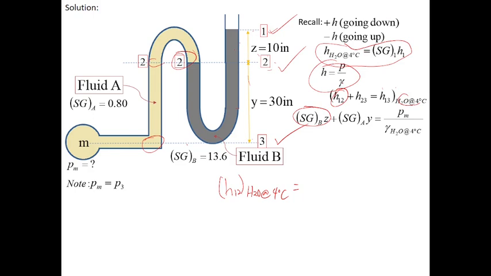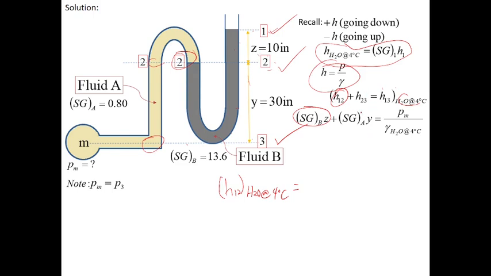So H12 is the specific gravity of fluid B multiplied by Z of 10 inches. So that's the pressure head, the height of fluid B from 1 to 2.